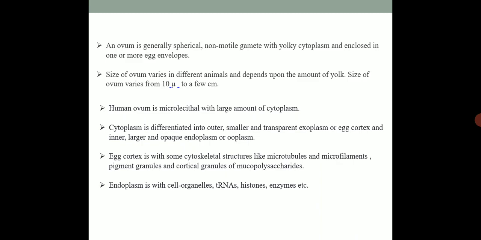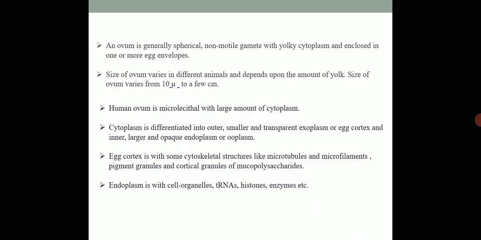That cytoplasm is differentiated into an outer, smaller and transparent exoplasm or egg cortex, and an inner, larger and opaque endoplasm or ooplasm.